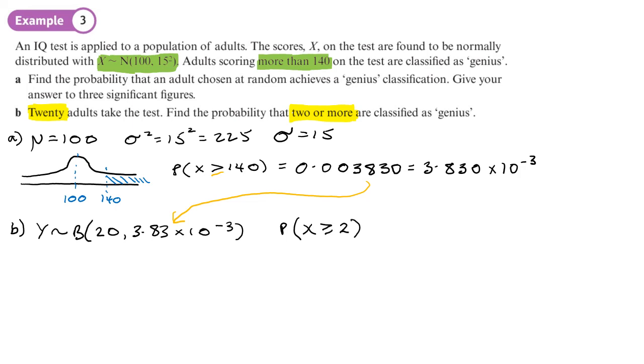Now we're going back to a discrete distribution, so that can't be worked out directly. So that's going to be 1 minus the probability. So if it's greater than or equal to 2, then we need to work out less than or equal to 1. So this is where we go to our calculators, menu again, 7. This time we want binomial CD.